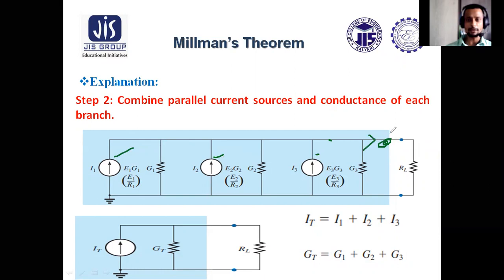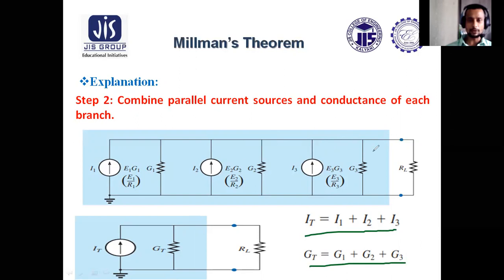So total current through this load will be I1 plus I2 plus I3. And what is GT? For a parallel combination, as I already discussed, it should be G1 plus G2 plus G3. Okay. So IT is found, GT is found.